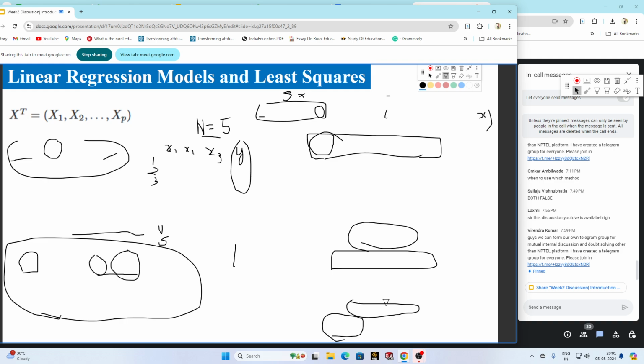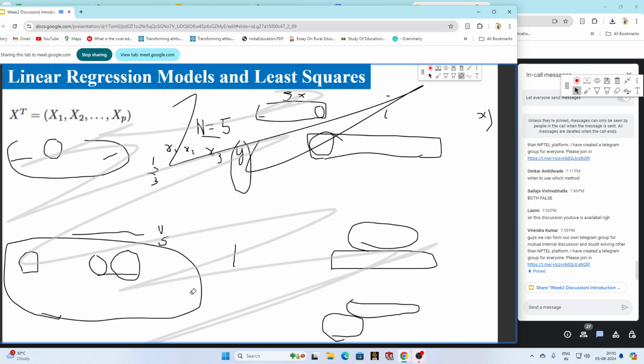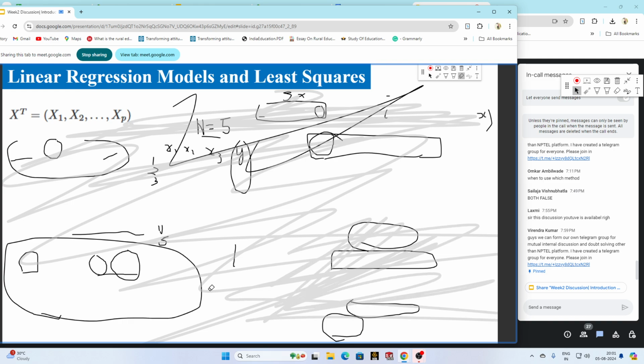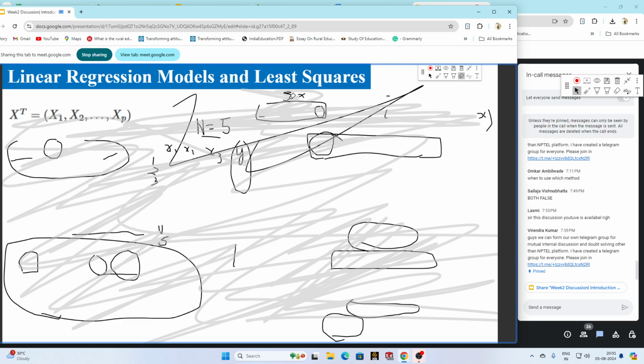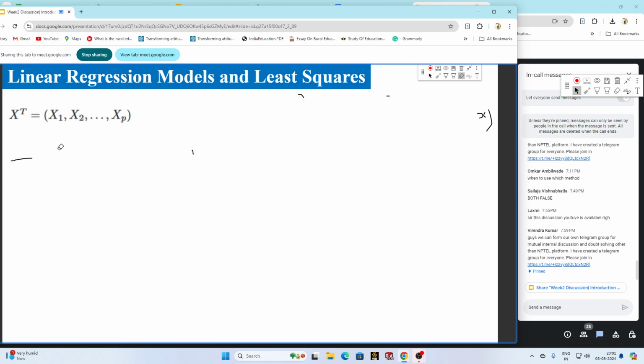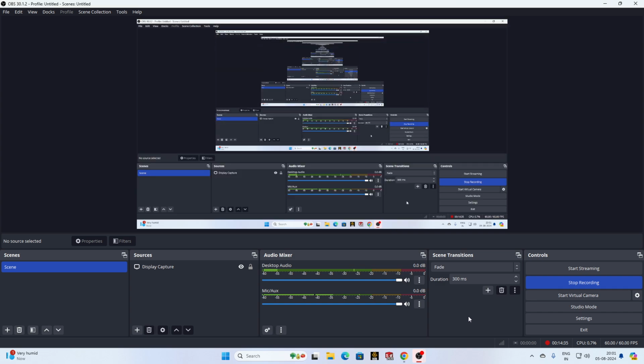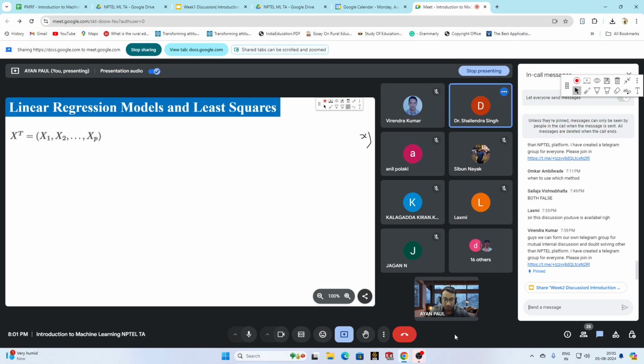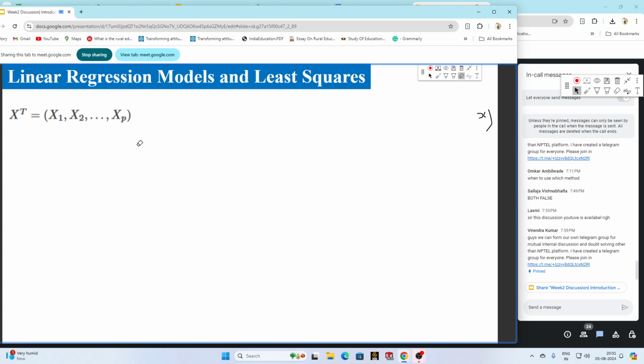The input is X transpose equals x1, x2, up to xp.